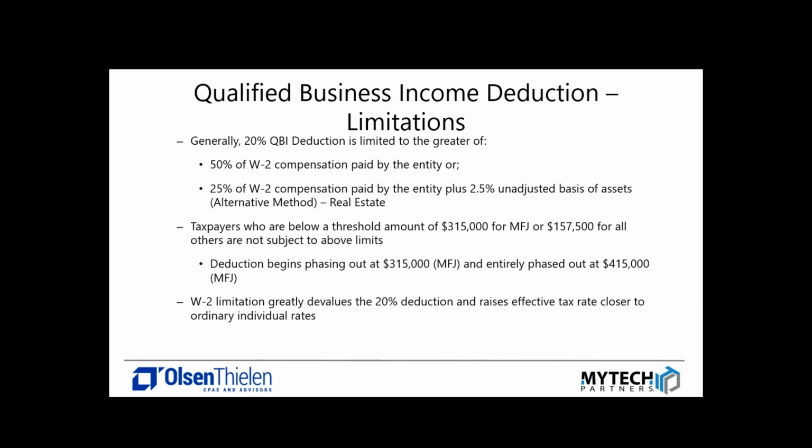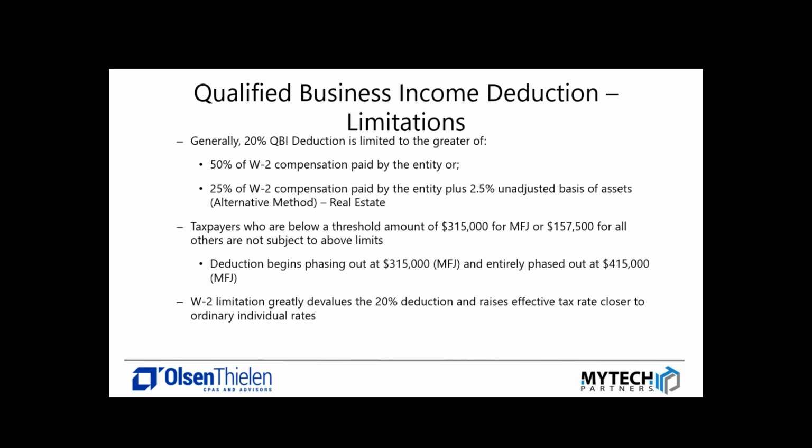What about certain industries such as real estate, where real estate developers don't have a lot of wage income? Congress said you can take 25% of the W-2 compensation plus 2.5% of the unadjusted basis of the assets. So that looks at their capital spending.